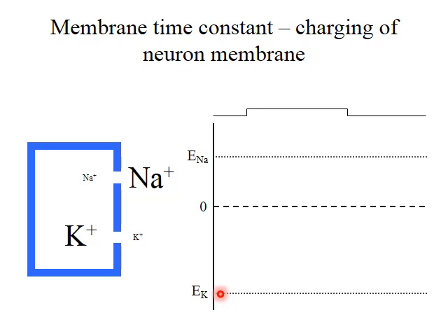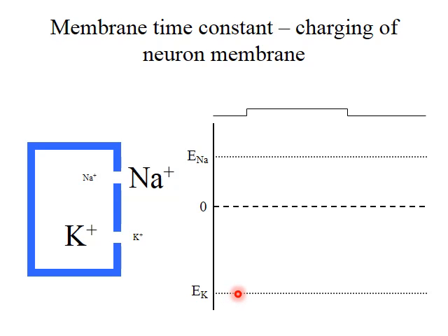And the question that we'll be investigating is, how does the membrane potential change? How does the voltage change as a function of time? Well, again, before the sodium channels open, we're sitting at the potassium equilibrium potential. There's no net flux of potassium through the open potassium channels.